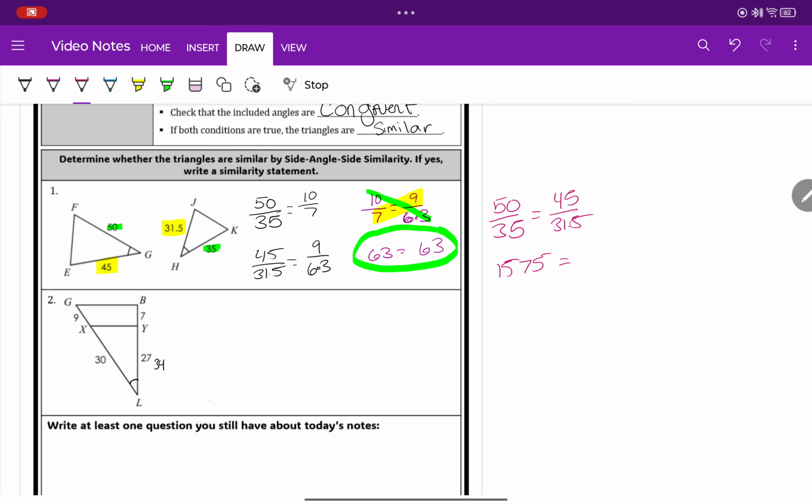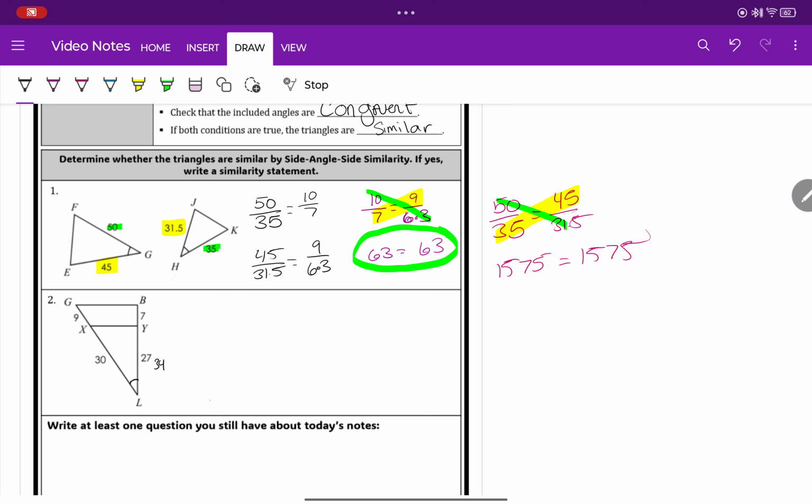So they both work, whether you cross multiply your simplified values or your larger numbers. So my two triangles are similar.